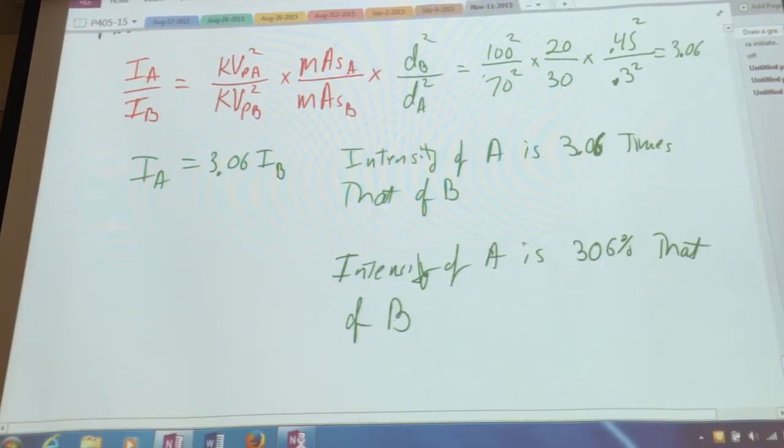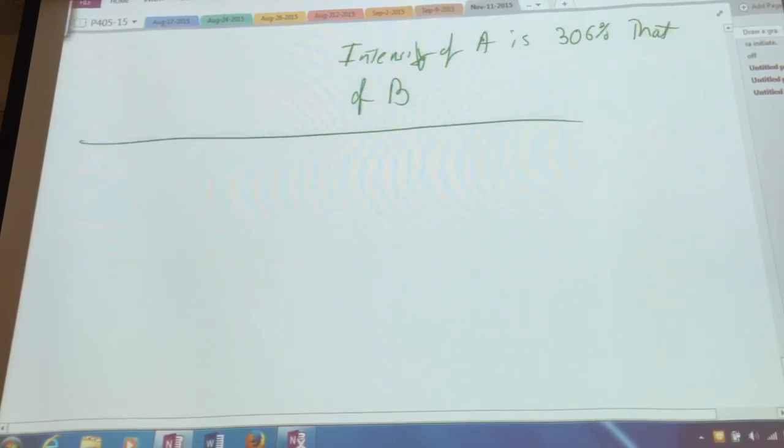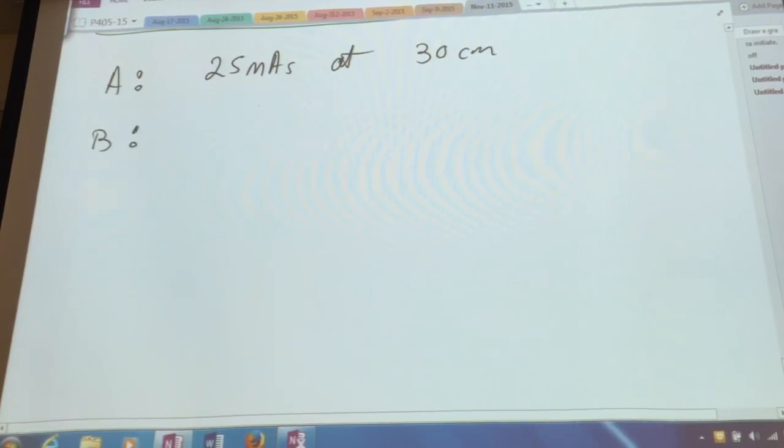One more strange one for you. All right, process A: 25 MAS at 30 centimeters. Process B: unknown MAS at 45 centimeters. That's why I said it's going to be strange.